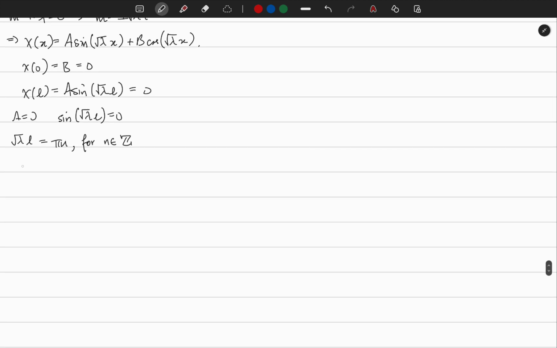And going further, we can simplify that. We can say that lambda is equal to (pi n over L) squared. And since n can be any integer, we must now index or label our lambda with a subscript n to signify which n we're using.